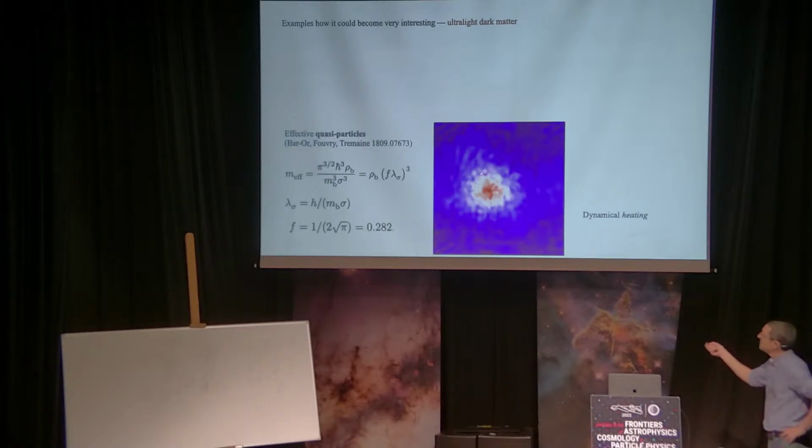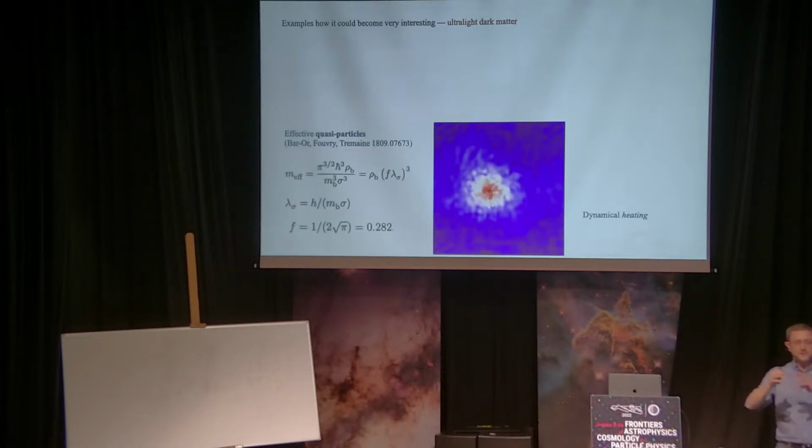We talked yesterday about the core feature, but if you look outside the core, you see all these fluctuations in the density. Well, there is, in fact, an exact mathematical equivalence in the dynamics between these fluctuations and the presence of quasi-particles. These fluctuations act like bunches of mass traveling in the halo, and they are, in fact, very massive. They can contain a lot of mass.